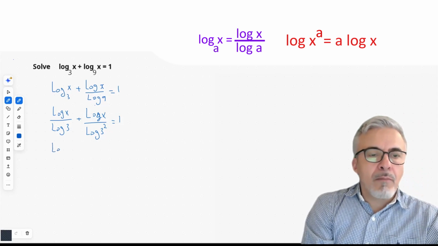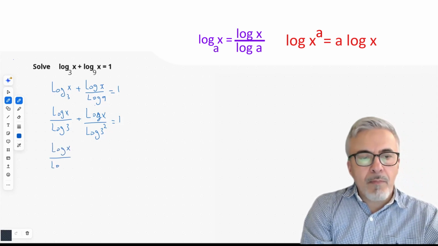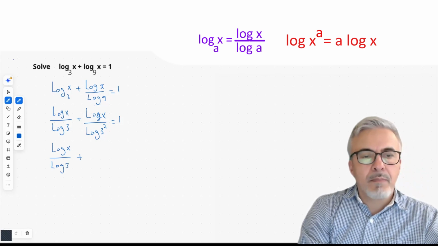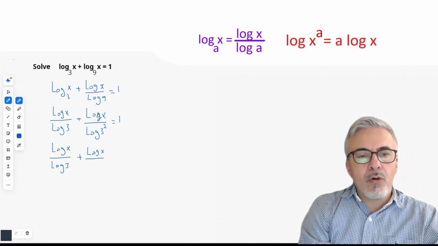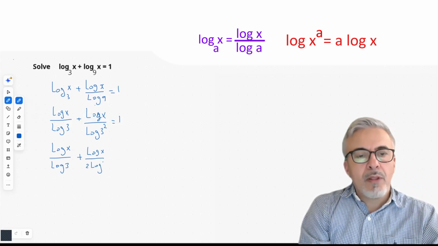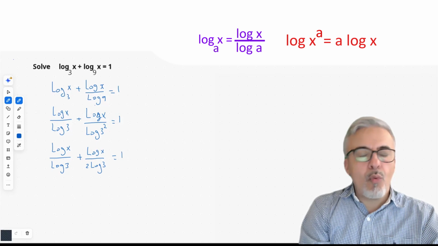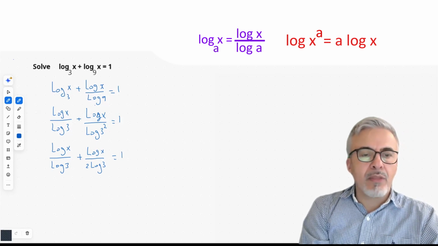This is log x over log 3 plus log x over, I'm going to bring the 2 down, so that becomes 2 log 3, equals 1. Now we have log 3 here and log 3 here.